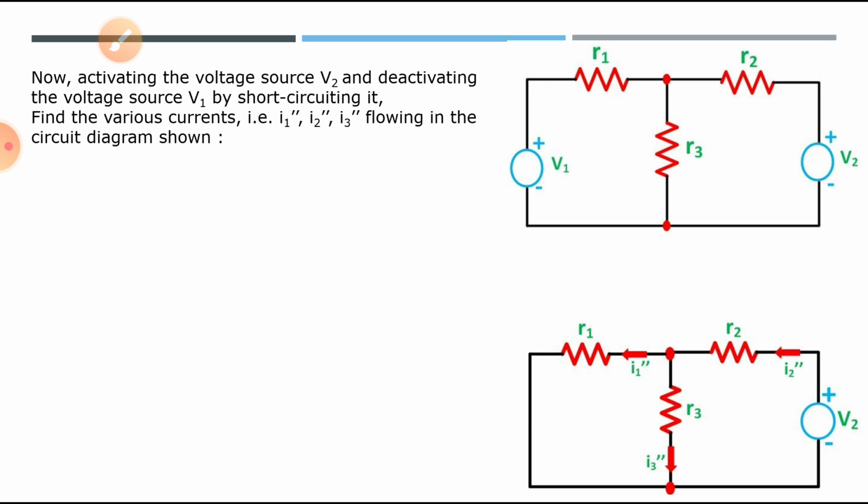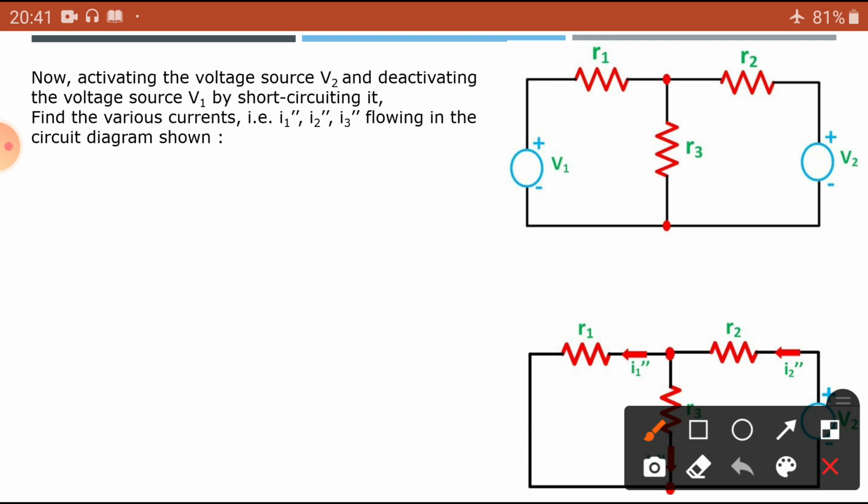Find the various currents, similarly I1 double dash, I2 double dash, I3 double dash flowing in the circuit diagram shown. In this case we shorted this one, you can observe here. Then only this source is activated.